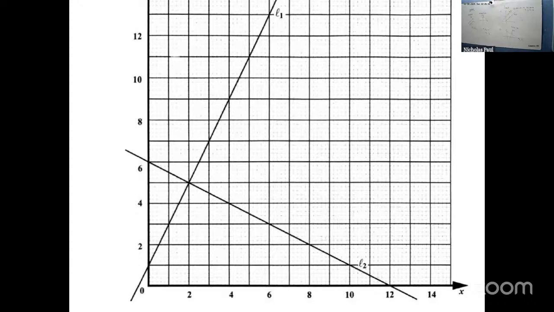And without working it out, will L2 be a positive or negative gradient? Negative. Okay.